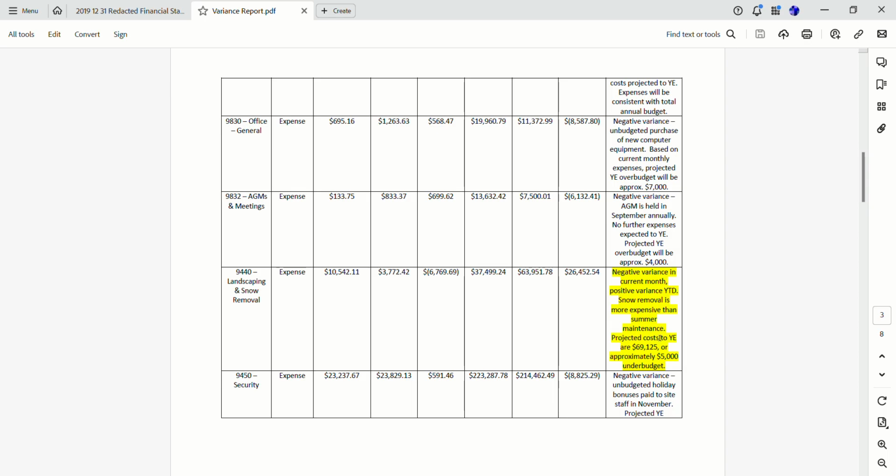If we project the number to the year end, we are going to be under budget for this account expense. So when we consider this one, we not only see that variance number, we also project the spending to the year end, so we can use it to prepare for the next year's budget.